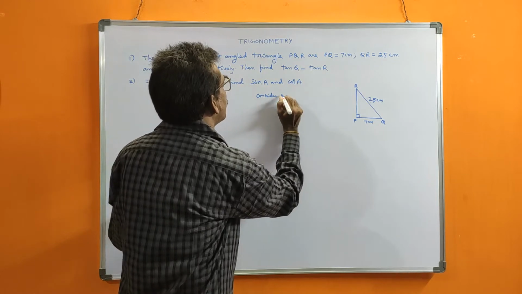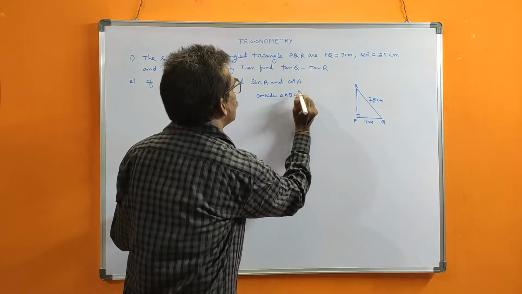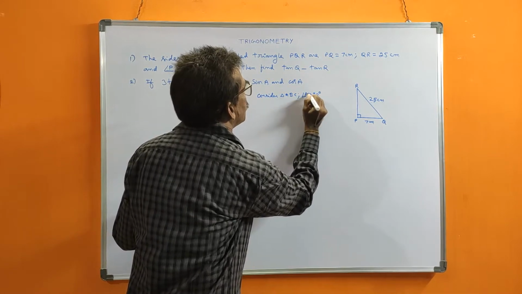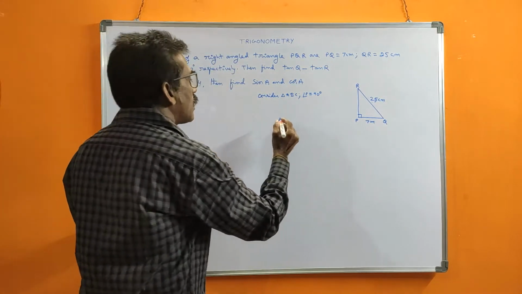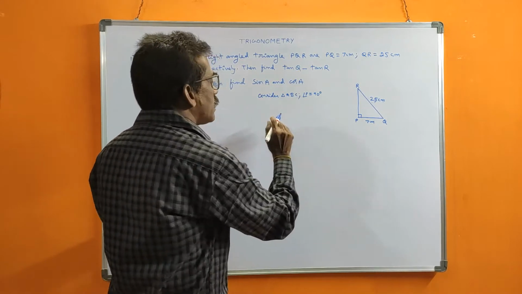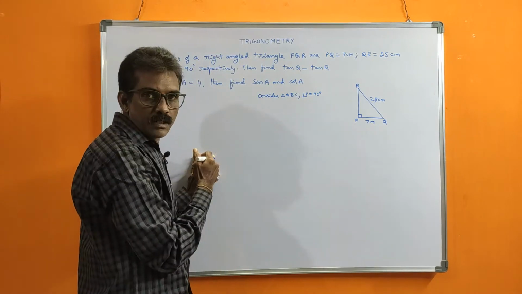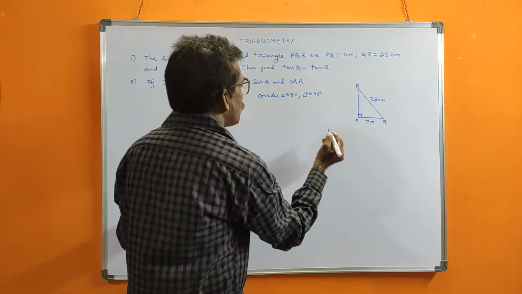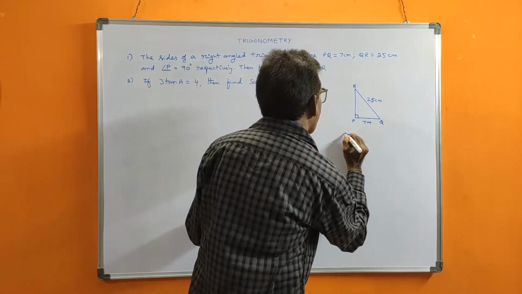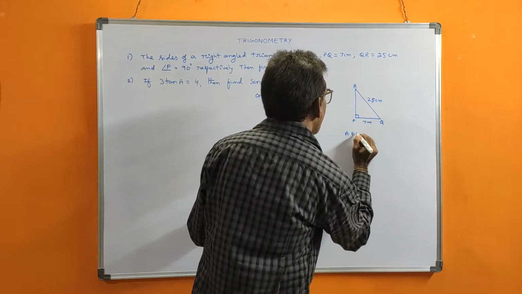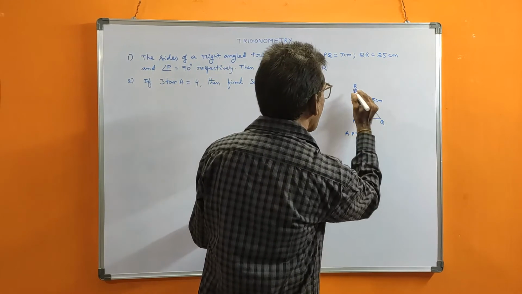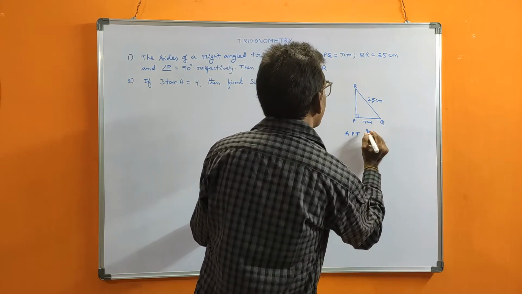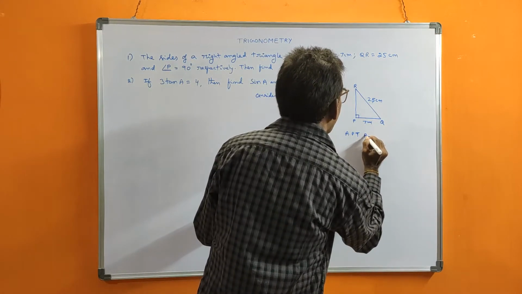Now consider triangle PQR. Angle P is equal to 90 degrees. For this, now we should find the third side. First, for that, what should we do? Apply the Pythagoras theorem. According to the Pythagoras theorem, the hypotenuse is what?